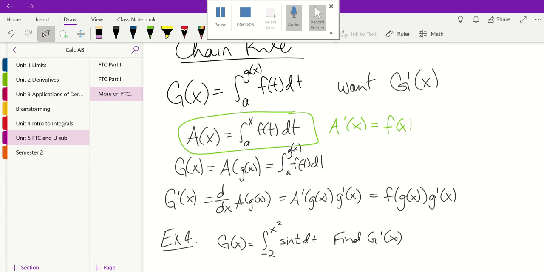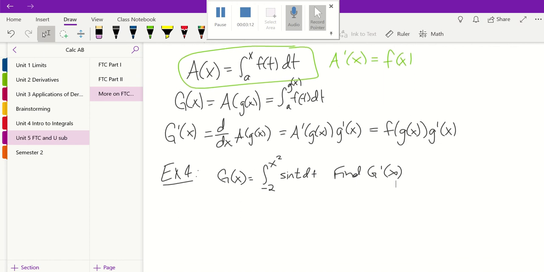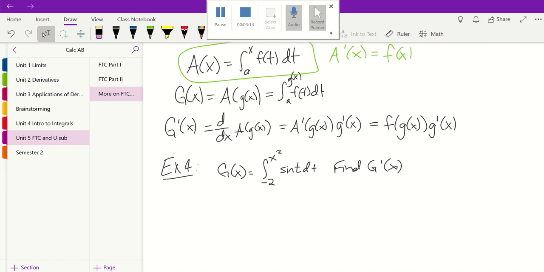G of x is some integral from a constant to a function of x, and here that function of x is x squared. So when we're finding G prime of x, we just plug that function into the f of t, and our f of t in this case is sine t.